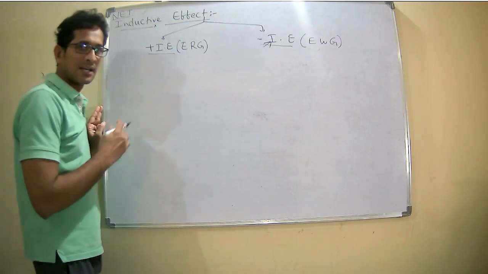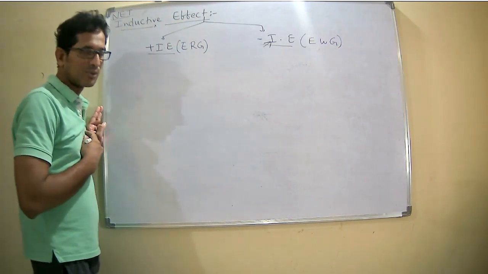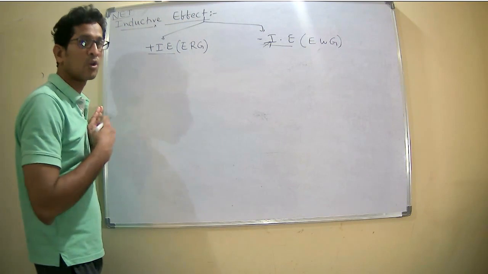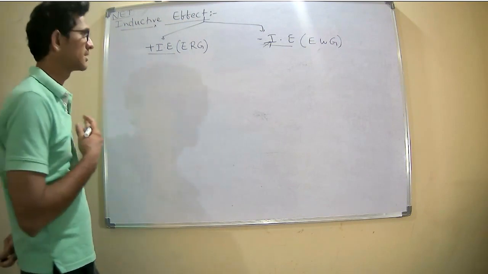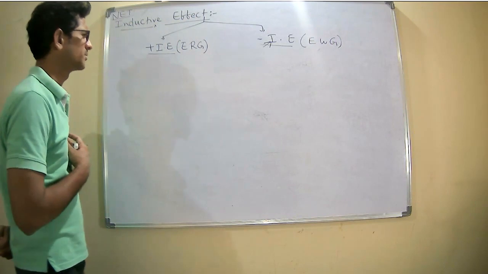So now I will write some orders of the organic compounds, which is a greater electron releasing group.